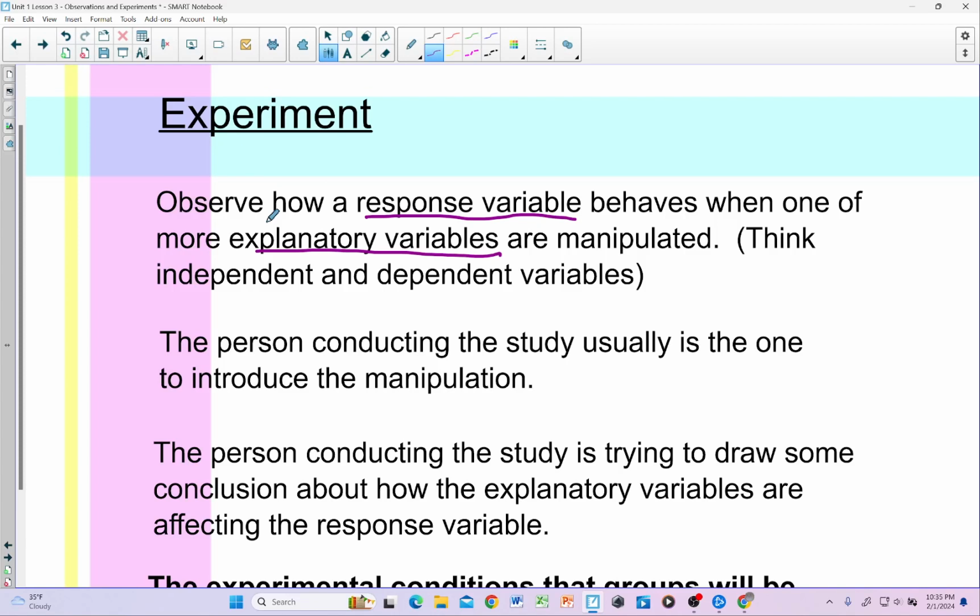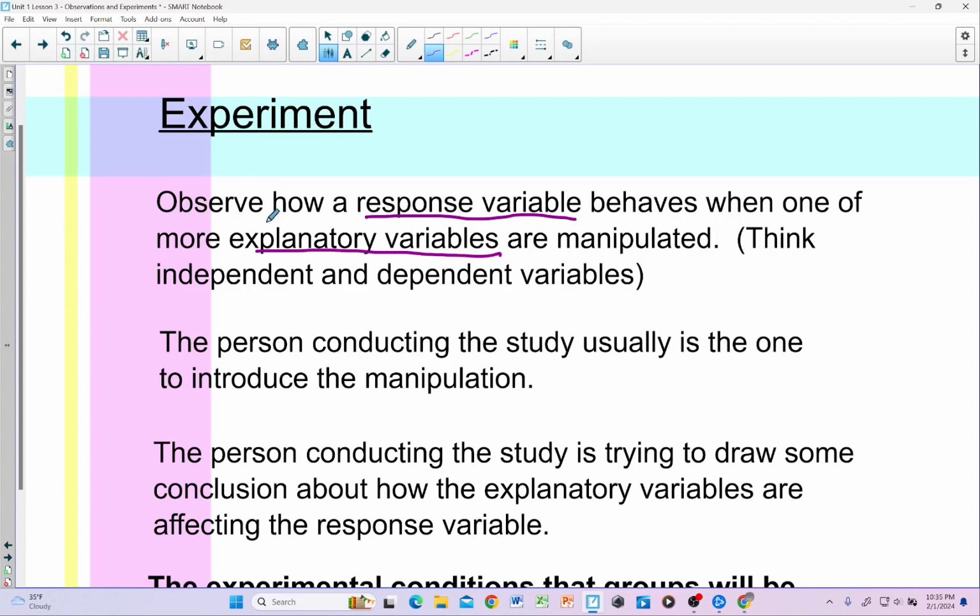You might remember from science how an independent variable is that thing that you manipulate, like you change in an experiment. And when you change that and you set that for part of your sample, it then may cause some sort of change to happen. And then that's your dependent variable.